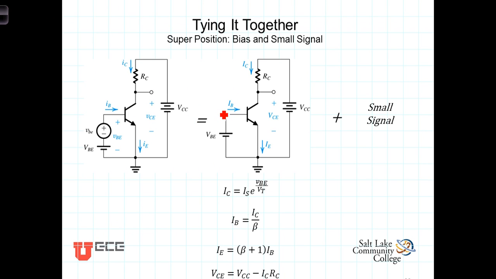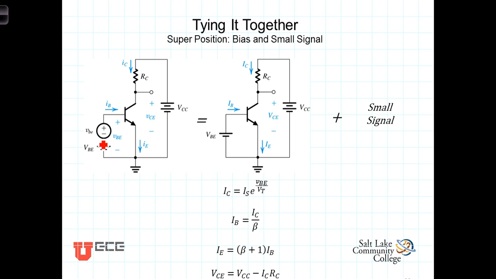So let's wrap this up then. In transistor amplifier circuits, we bias the transistor with DC voltages and resistors to place it into this quiescent, or resting place, where the transistor is on. We then superimpose on that a smaller signal that we want to amplify.